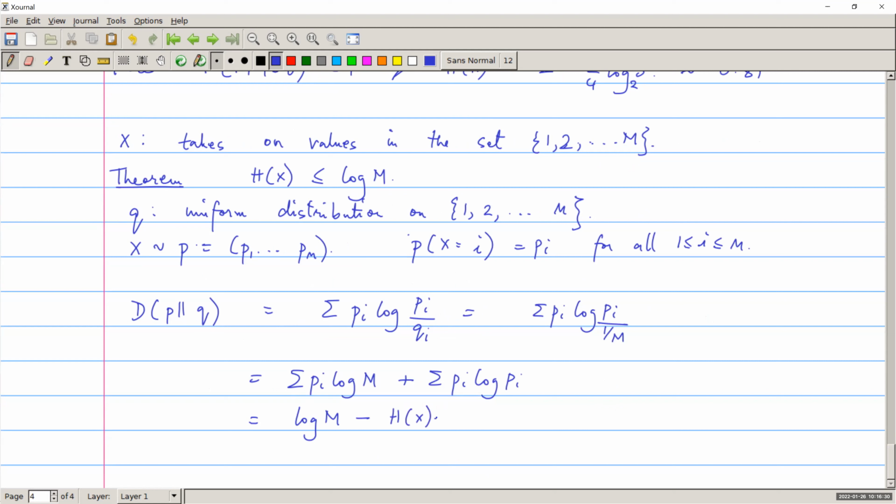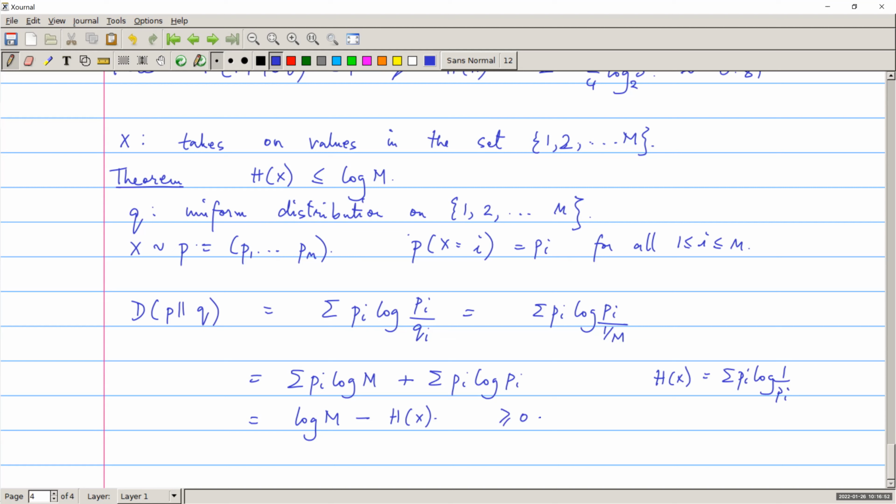The second summation is just negative entropy of x, because entropy of x is summation of pi log 1 over pi, and with a negative sign, it's just negative entropy of x. But I know that the KL divergence is always non-negative.